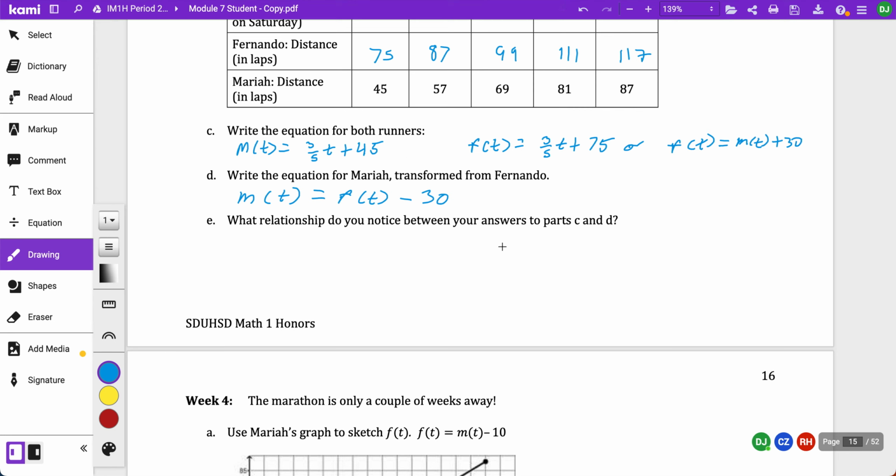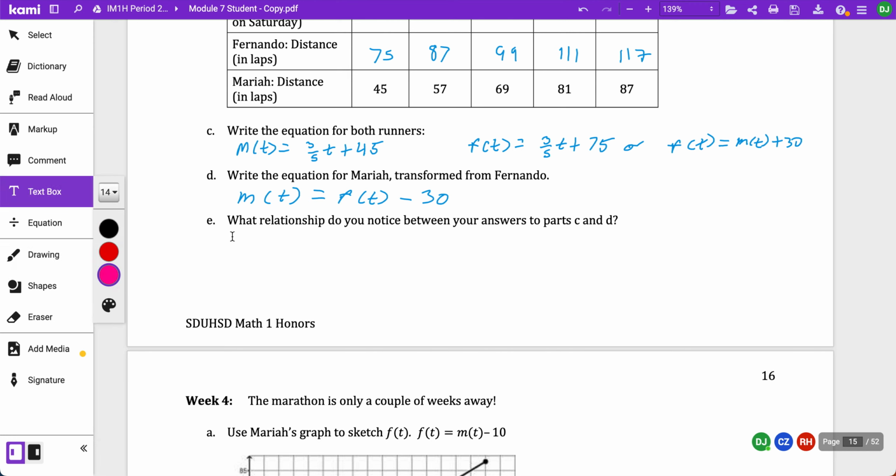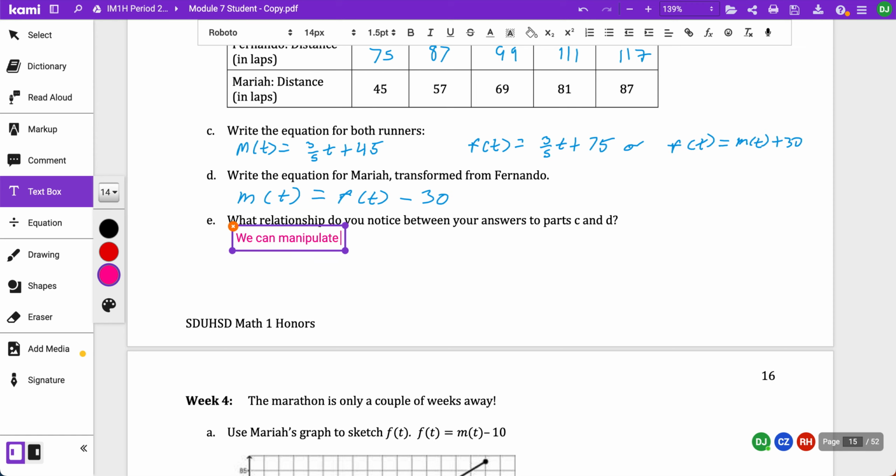Now, what relationship do you notice from your answer in part C and D? Essentially, whether we're starting with Mariah or we're starting with Fernando, we can manipulate either equation.